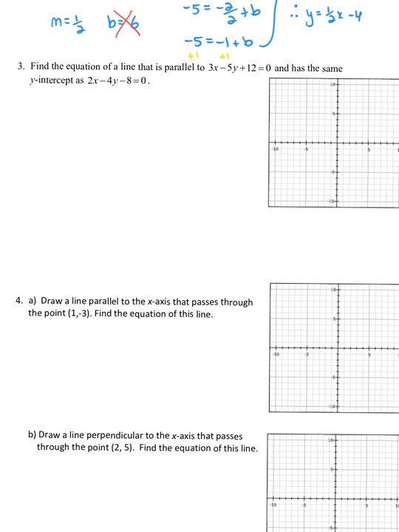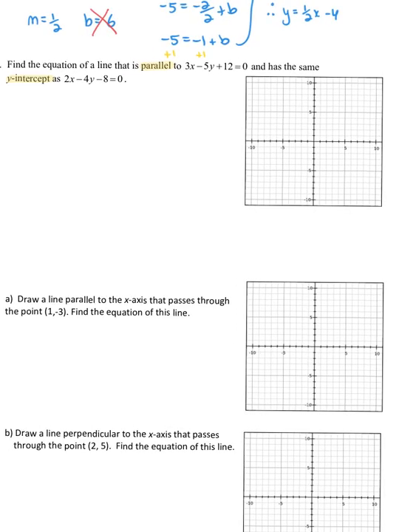So the first equation, we want the slope because we know the new line is parallel to this equation. So we're interested in the slope. The second equation, we want the y-intercept. So we need to use this equation to identify its y-intercept.